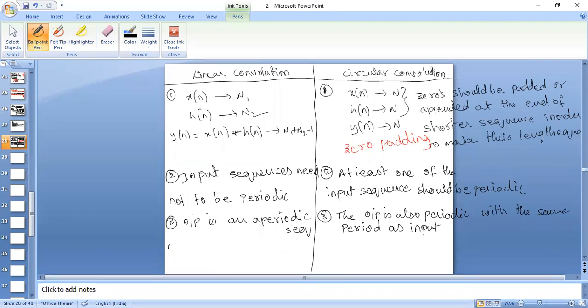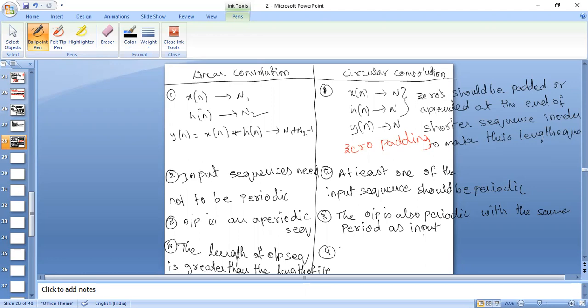Okay. Here, if the length of output sequence is greater than the length of input.